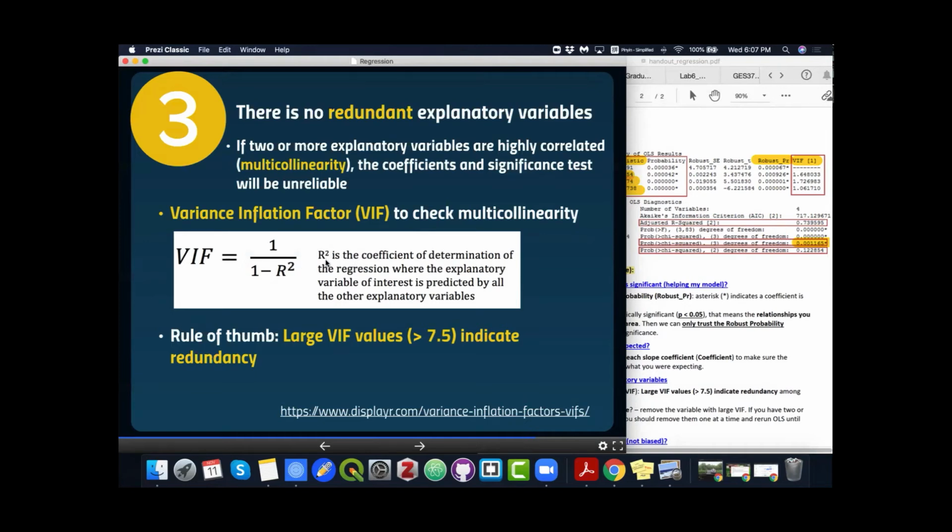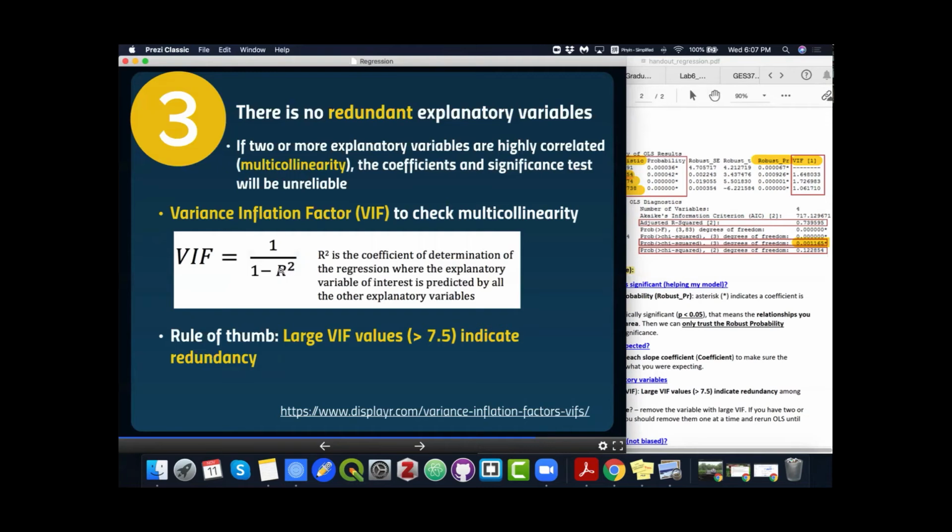If this particular variable is highly related to, or highly dependent on, other variables, the R squared value will be large, because for R squared, the higher the value, the better the model fit. If this R squared value is large, then the denominator is going to be small, and that means after doing the calculation for the VIF, you will get a large number. That's the mathematics behind the VIF.